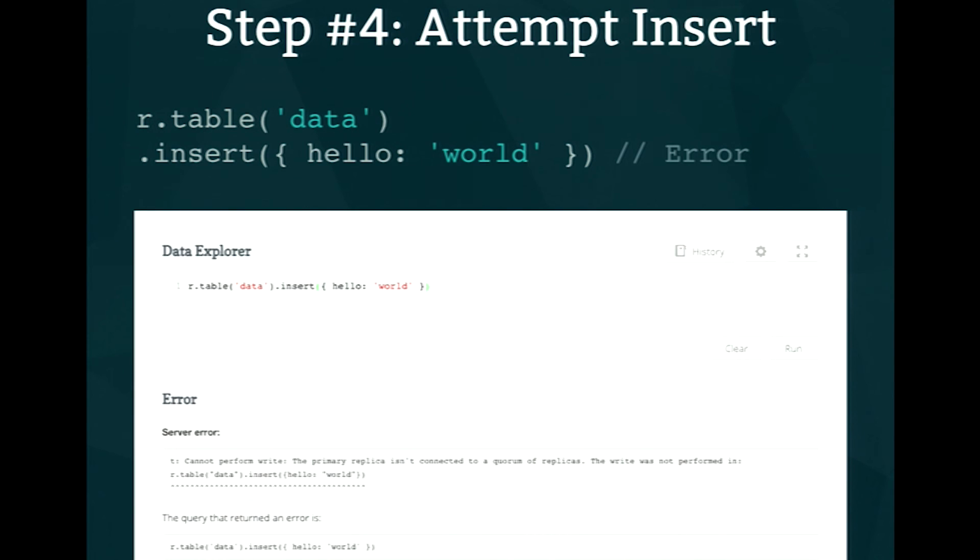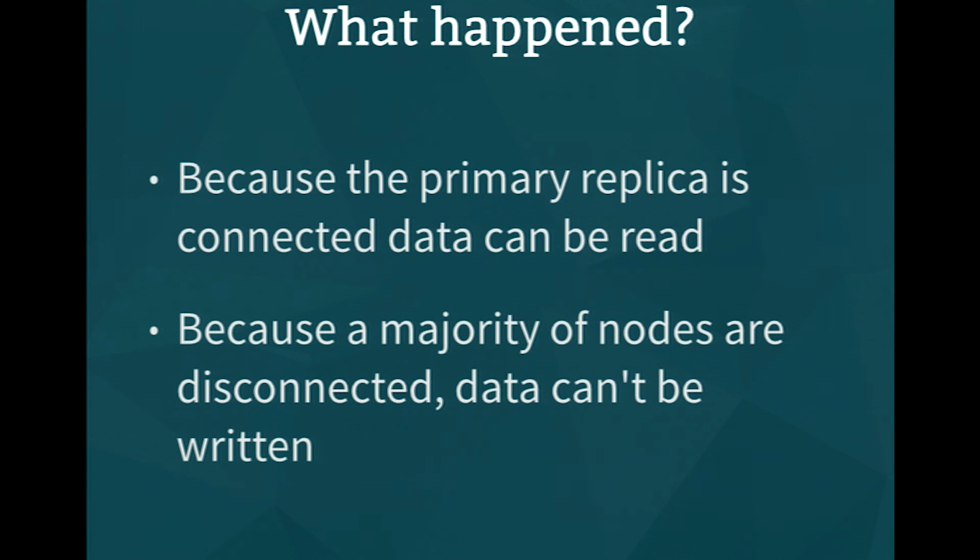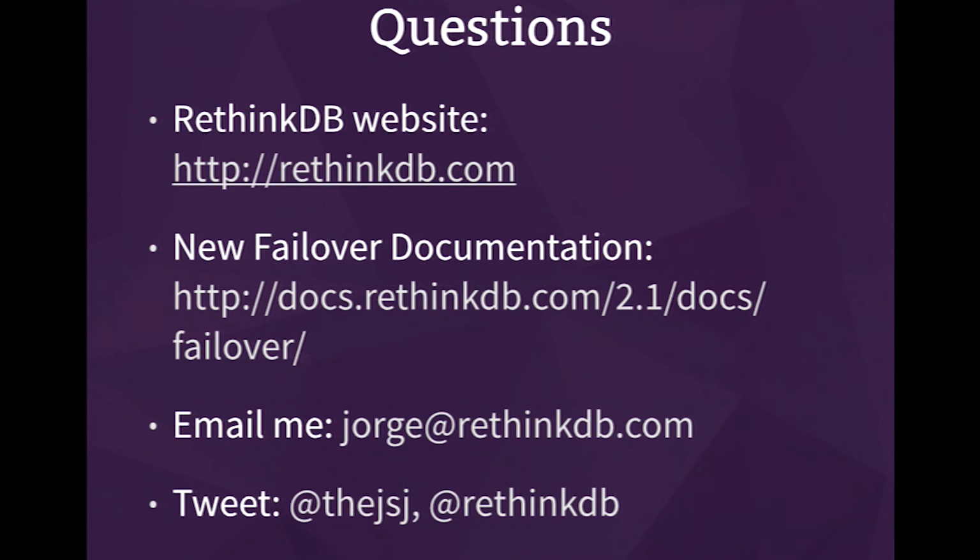So as long as you have access to the primary, you can still execute those read queries, okay? But you wouldn't be able to write to it, right? Because whenever you do a write, you actually need to make sure that a majority of nodes acknowledge that write. Because the primary replica is connected, data can be read. But because the majority of nodes are disconnected, data cannot be written, okay? And that was going to be my demo.